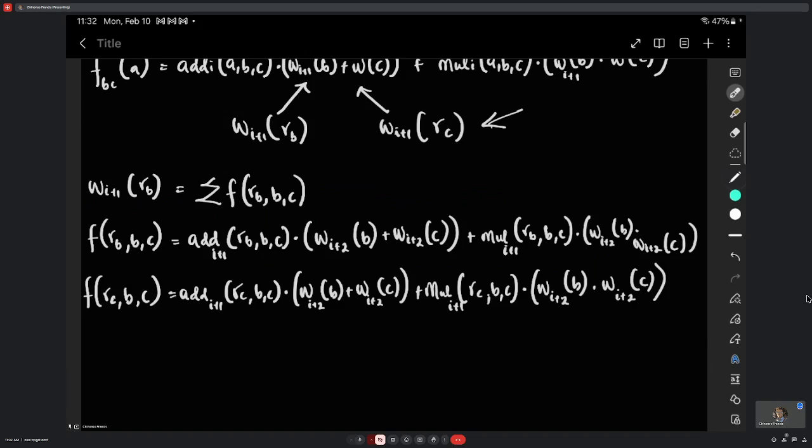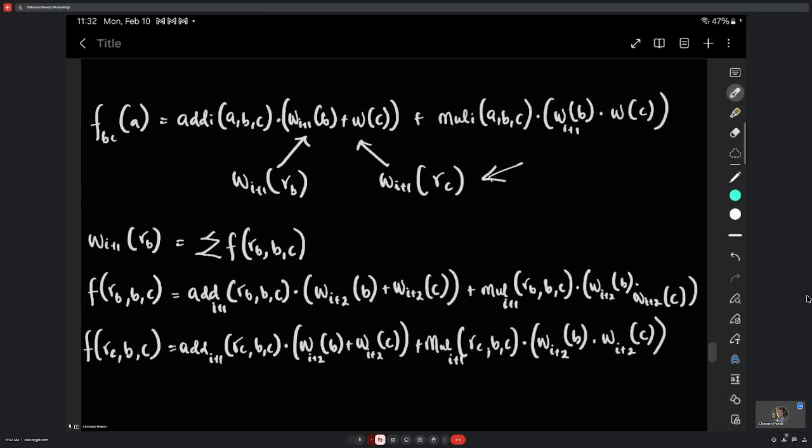For that WI plus 1 of B, it's not supposed to be I plus 1, on the basis. Sorry, where? What's wrong with this? This ABC, the second one, add I ABC, and there's WI plus 1 of B. The arrows are pointing upwards.